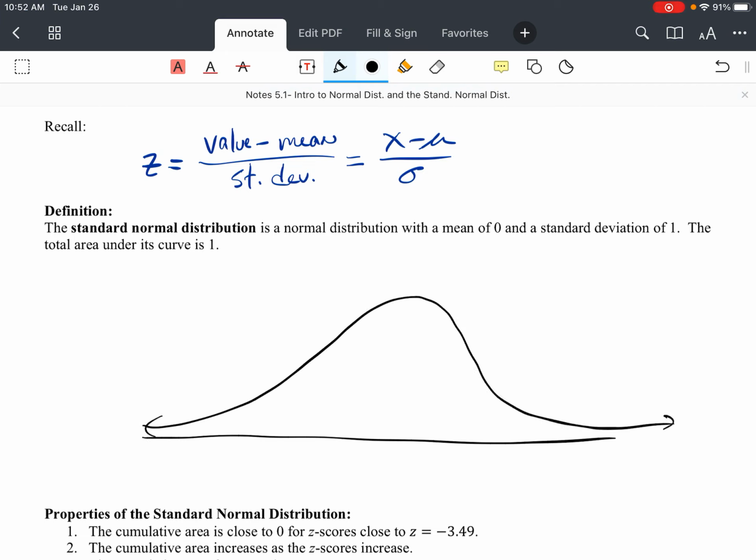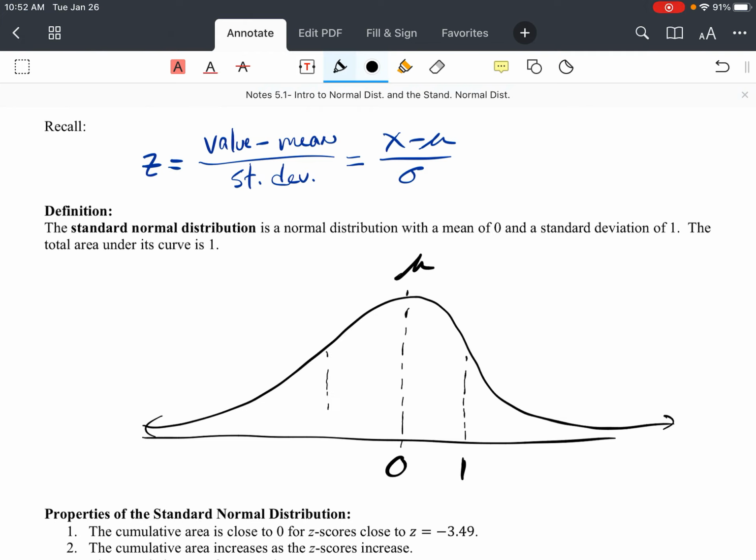All right, so let's go ahead and draw this out. So I've got this normal curve. Okay, and for the standard normal distribution, the top of the bell has to be 0. So this is our average. And then our standard deviation is 1. So the average plus 1.